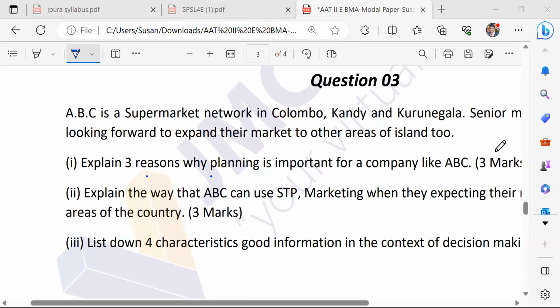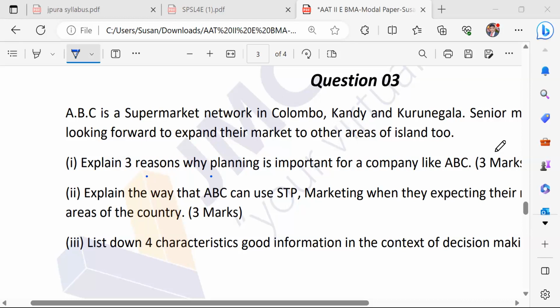Sometimes we can offer the same portfolio of products we use in Colombo to another area, but we can't introduce that to Hambantota, to Bibile, or to other rural areas. Their lifestyle is different. Then the supermarket can decide how it is going to position itself.